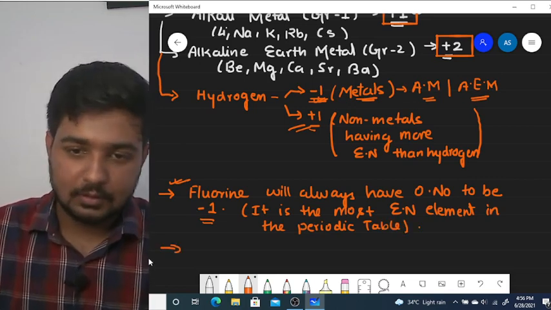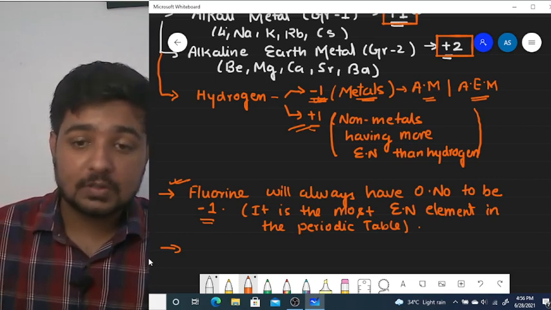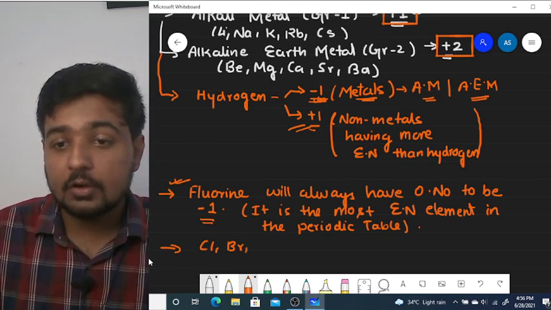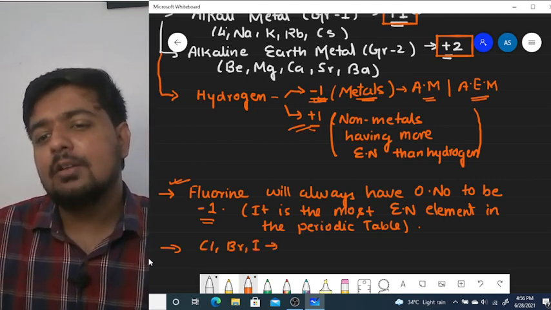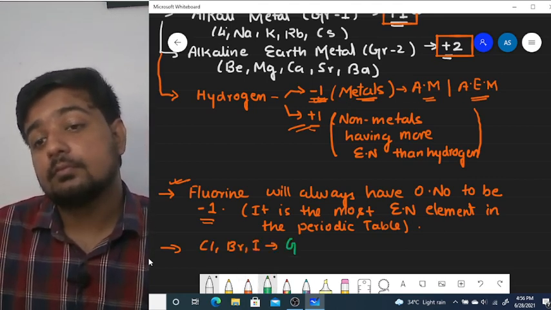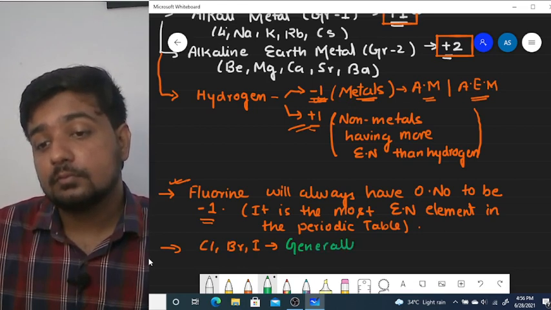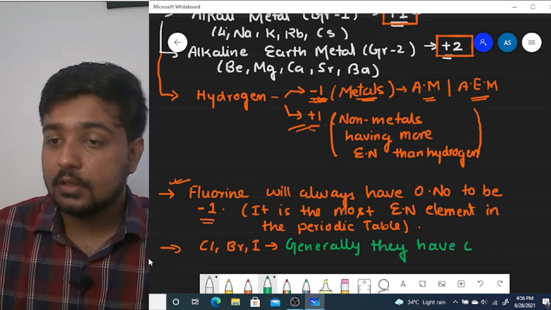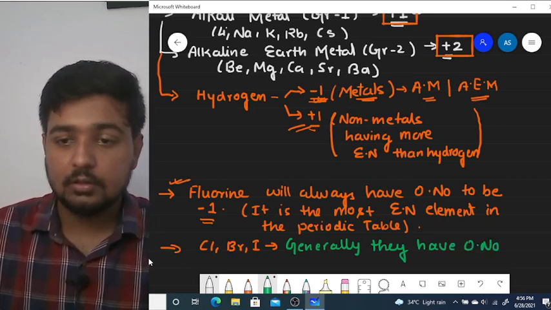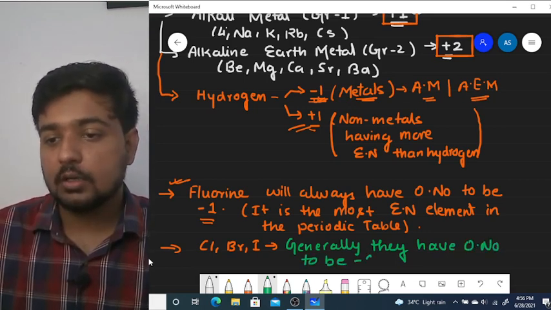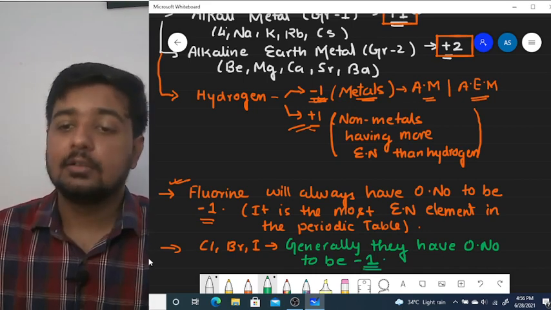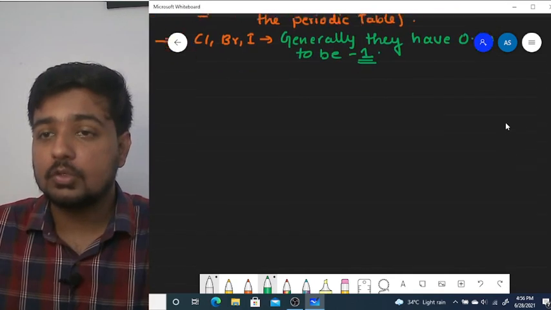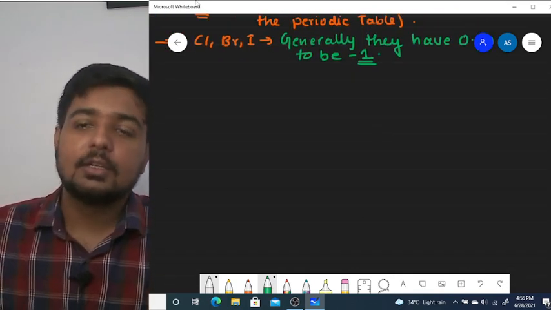Now, the other halogens except fluorine, that are chlorine, bromine or iodine, generally they have oxidation number to be -1. Are you getting the point?